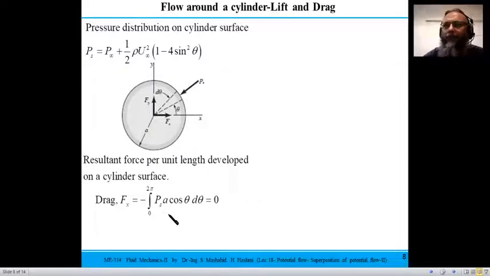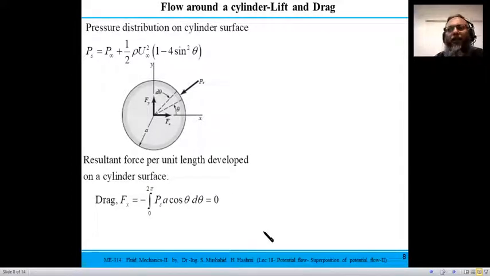From the logic also, we can see that the force coming from this side or from the other side, both are balancing out each other. So the net force would be 0 here. But we can do it mathematically, just substituting the pressure at the surface of the cylinder from this expression and integrating over theta from 0 to 360 degrees, we are going to get 0.